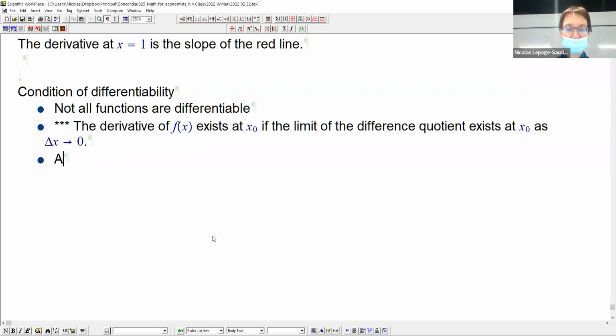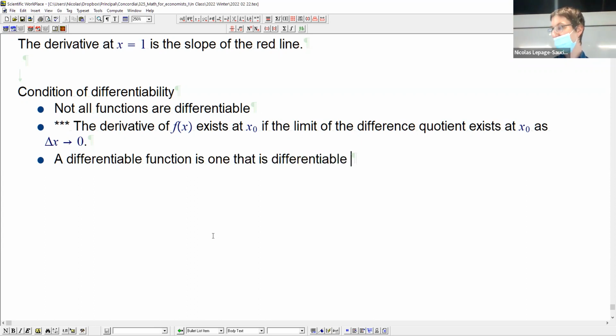And then we can see that a differentiable function is one that is differentiable at every point of its domain.